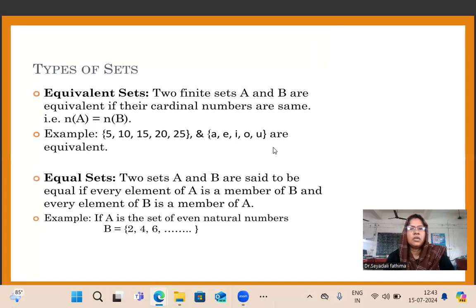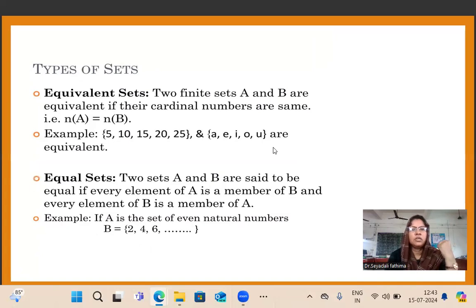Equivalent sets: two finite sets A and B are equivalent if their cardinality numbers are the same, that is, n(A) equals n(B). Here, in the example, A contains 5 elements and the set B contains 5 elements, so they are equivalent.